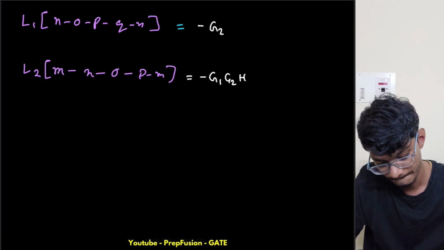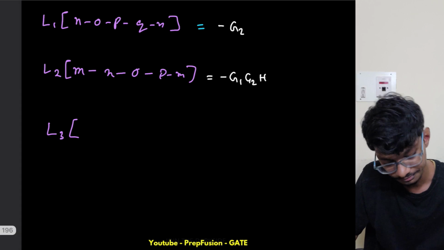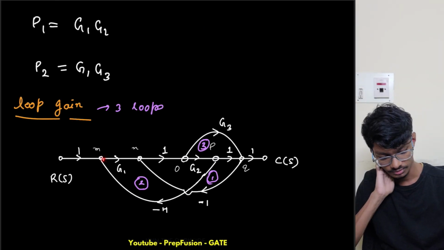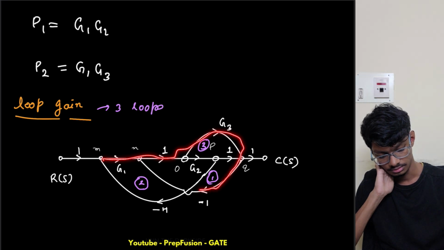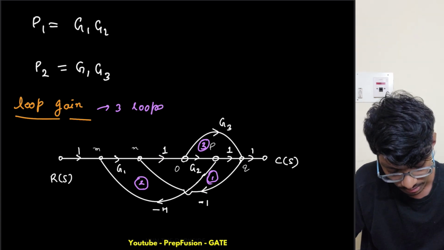And what is L3? L3 is this one, right? So what is the path of this loop?